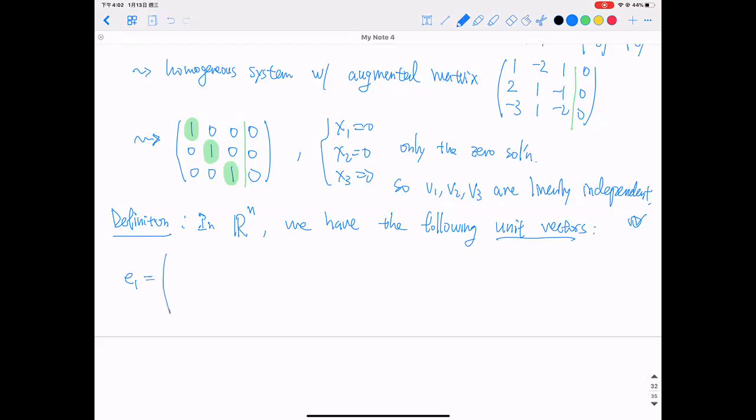E1 is the one whose first entry is a 1 and all other entries are 0. E2 is the one with second entry 1 and other entries 0. Likewise, Ei is the one whose ith entry is 1, other entries are 0.